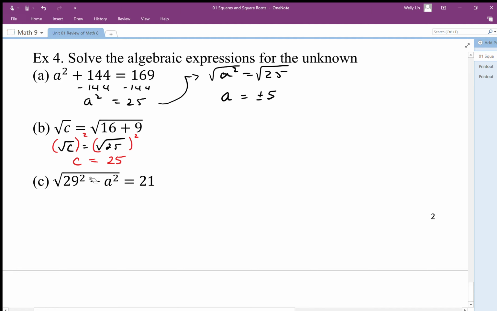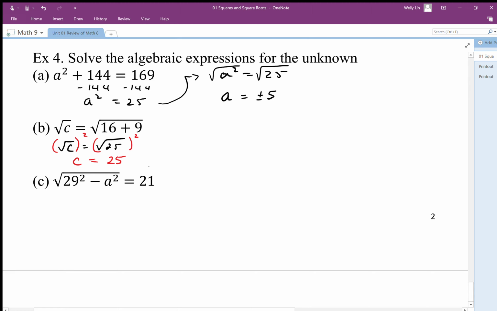They do not behave the same as times and divide that way. They are different. I cannot square root the square independently here because there's a minus involved. That's a big deal. The minus messes up anything to do with squares and square roots.